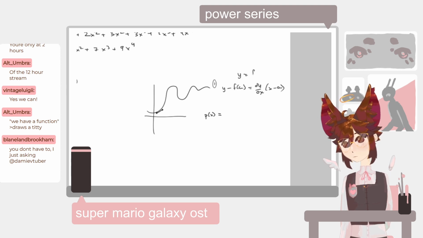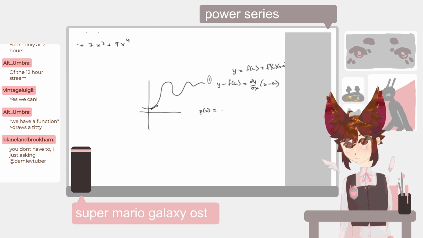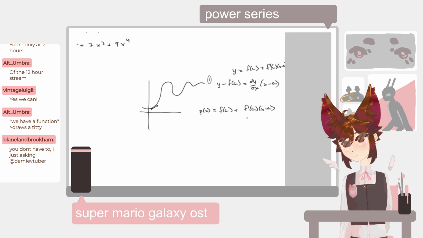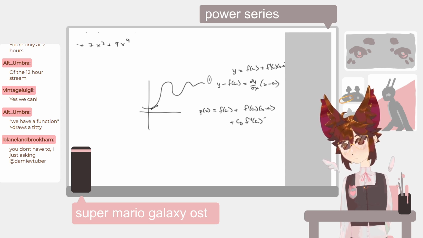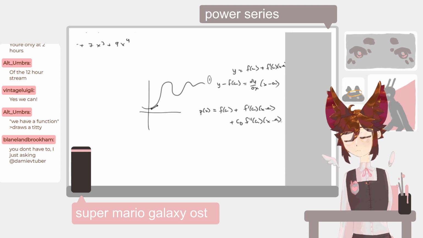is going to equal, y equals f of a, we can write it like this: f of a plus f prime of a times x minus a. So we want p of x to be f of a plus f prime of a, x minus a, plus some constant times f double prime of a, x minus a squared, to give us our quadratic approximation.